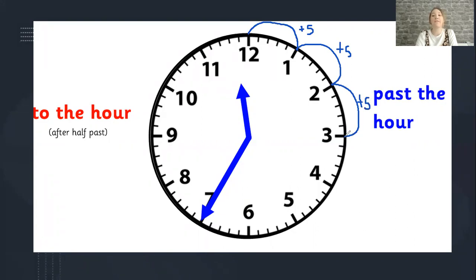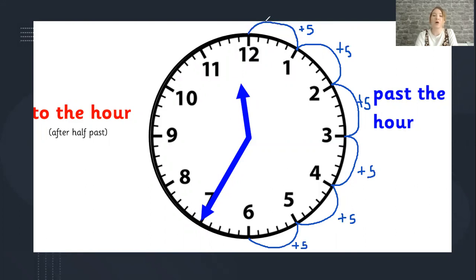Quarter past, some people say 15 minutes past, but the technical term is quarter past. Quarter past to 20 past, you add 5 minutes. 20 past to 25 past, you add 5 minutes again. And then 25 past to half past, add 5 minutes again.